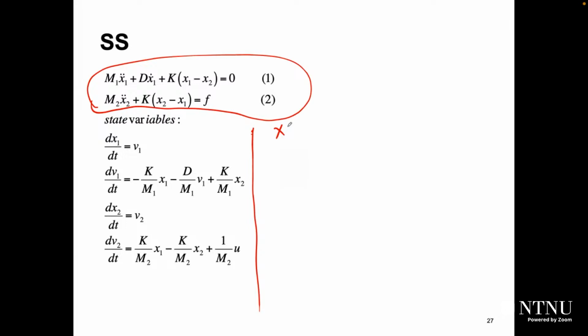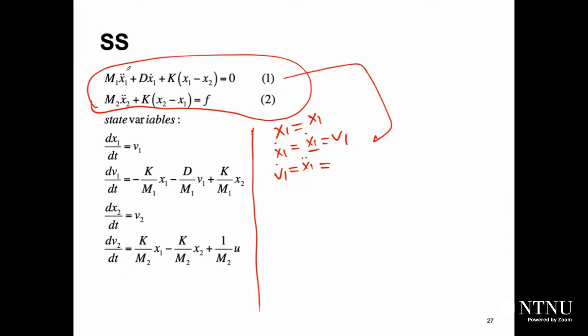I will start with x1, which is the displacement of the first element m1. Differentiating this, x1 dot equals v1, because this is the speed. Differentiating again, v1 dot equals x1 double dot, from equation 1.